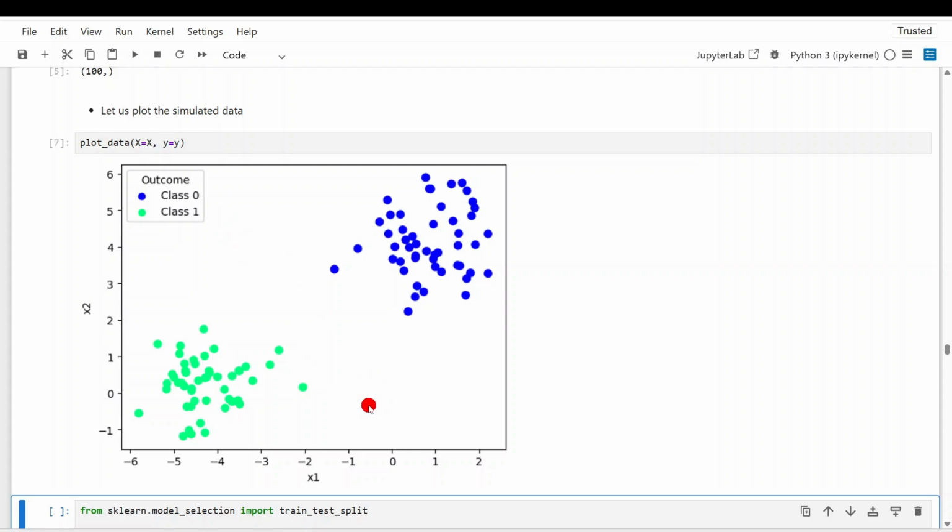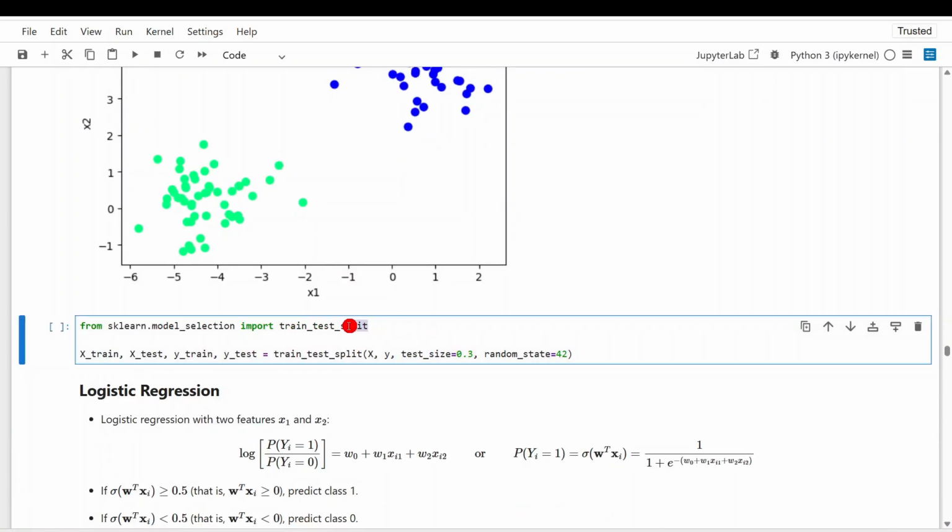But in practice, we will not have linearly separable data. Just for illustration purposes, let's consider linearly separable data like this.